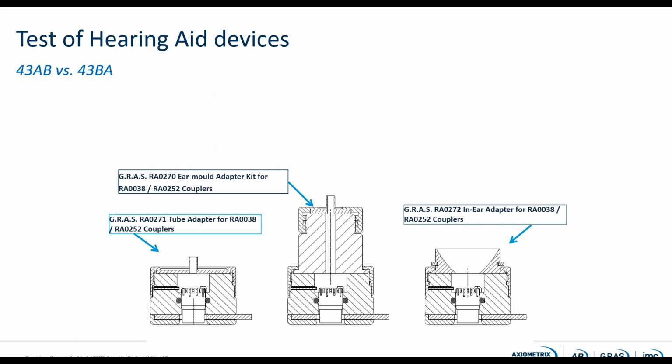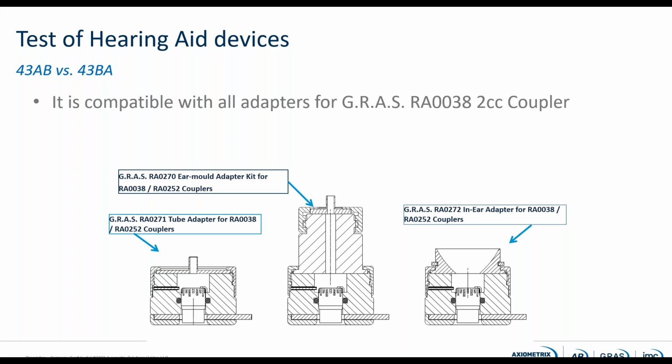If we compare the 2cc coupler with the 0.4 cubic centimeter coupler, then the only difference is the volume. It means that all the adapters, all the modes you might already have, can be used together with the 0.4 cubic centimeter coupler.